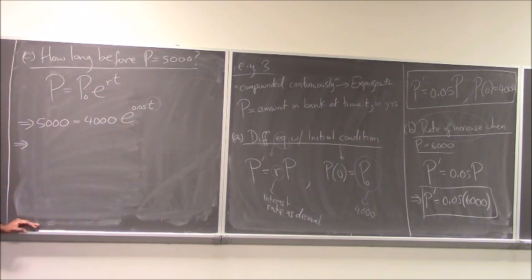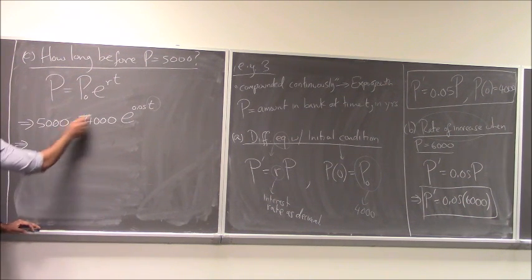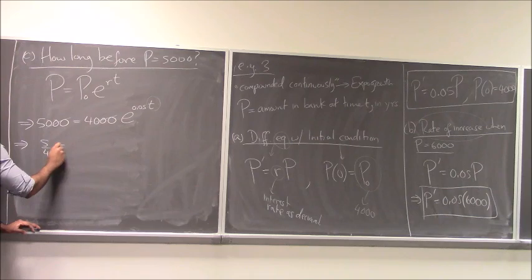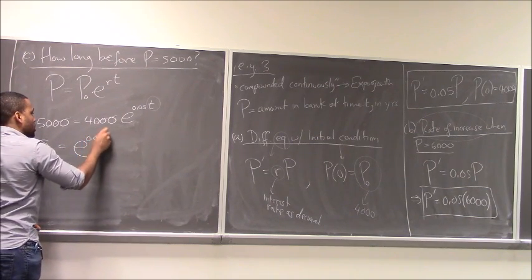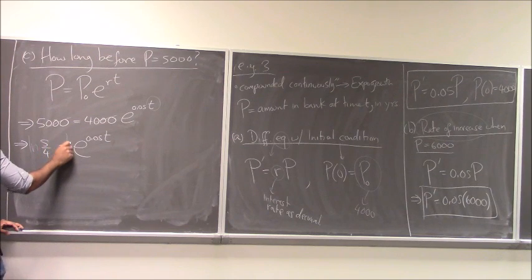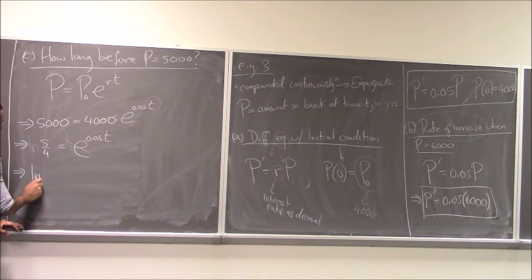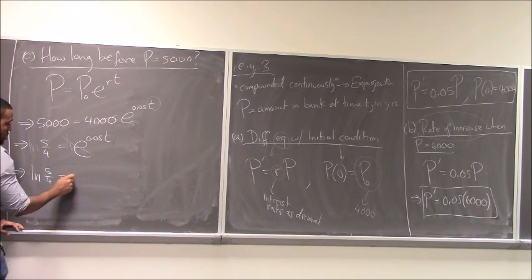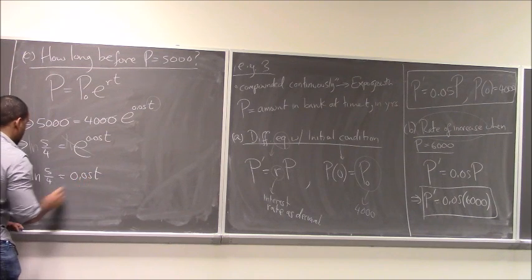How do you do that? Divide both sides by 4,000. That's correct. At this point, it's kind of just like following your nose. You ln both sides. So here you have ln of 5 over 4 is equal to 0.05t.